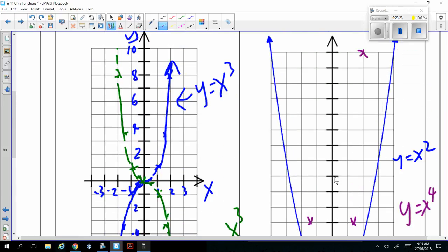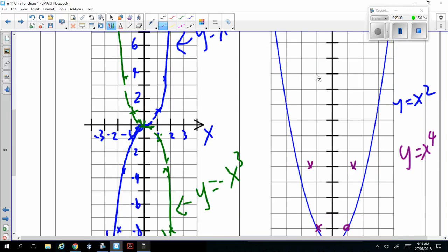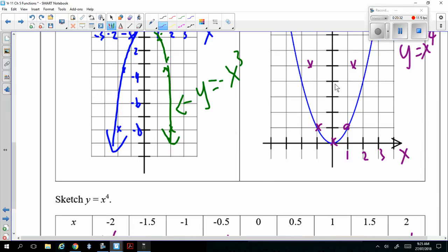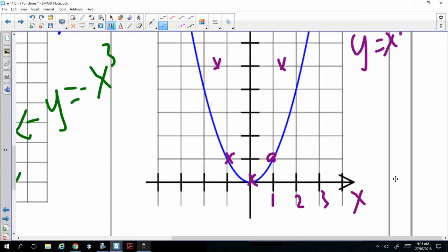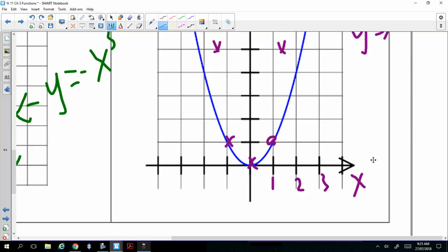I need to make this a bit bigger. So it's below the graph, something like this. And then you keep going up.